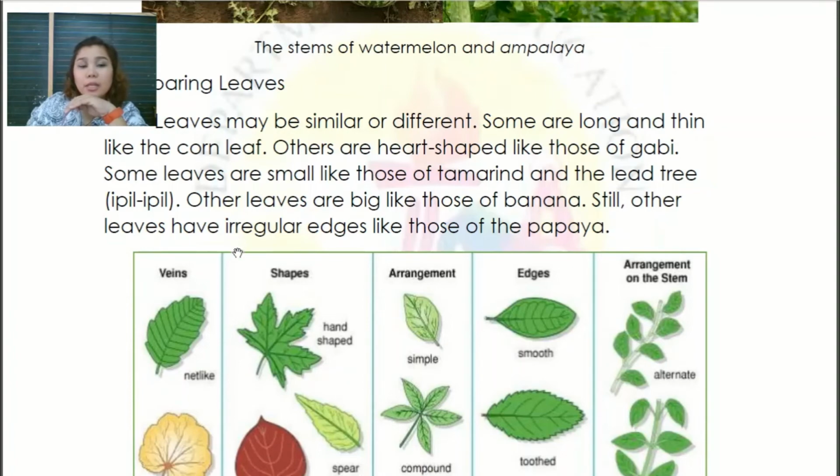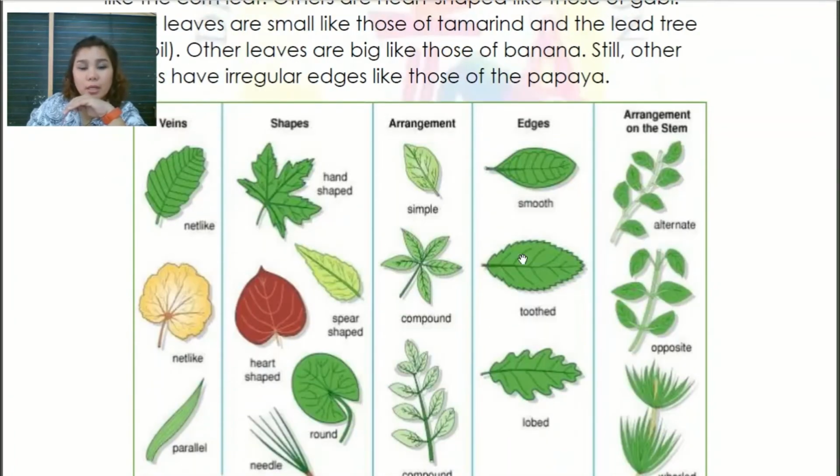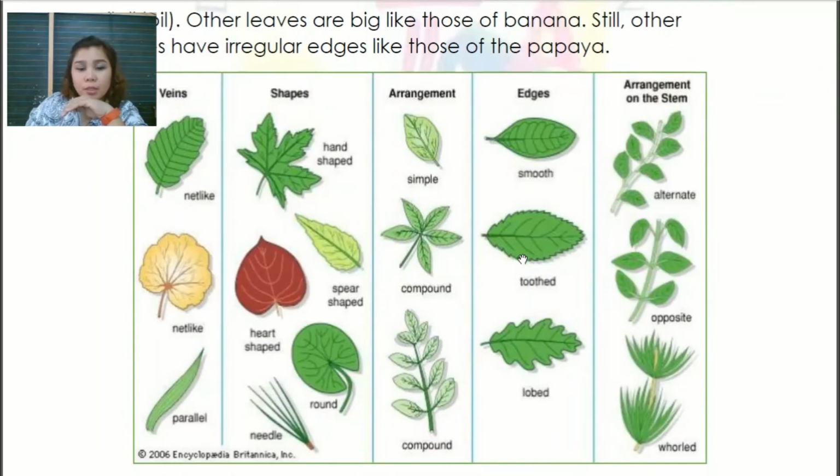Still, other leaves have irregular edges like those of the papaya. So, ito yung mga common shapes of leaves. The veins naman, yung mga lines, merong parallel, merong yung watak-watak, kaya net-like. And then shapes naman, they come in different shapes.